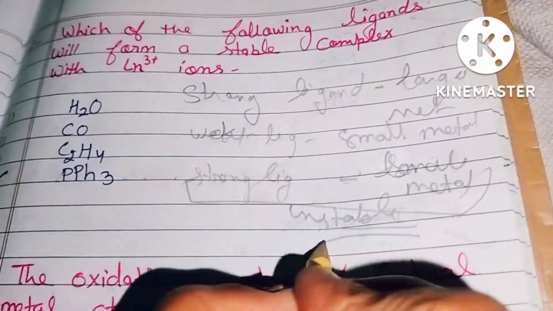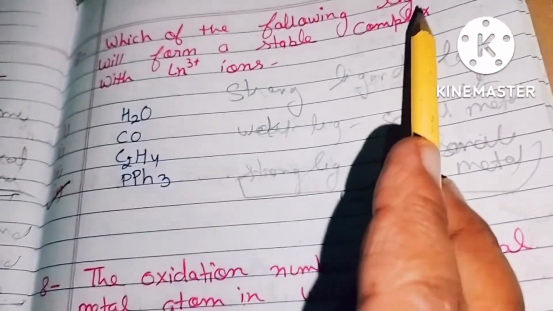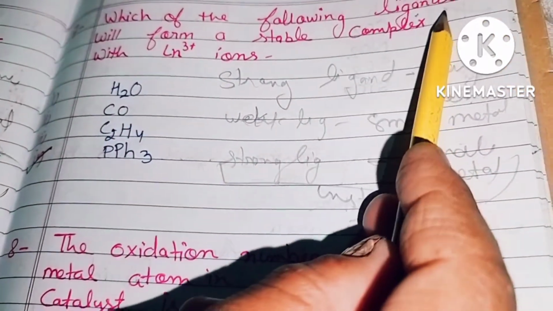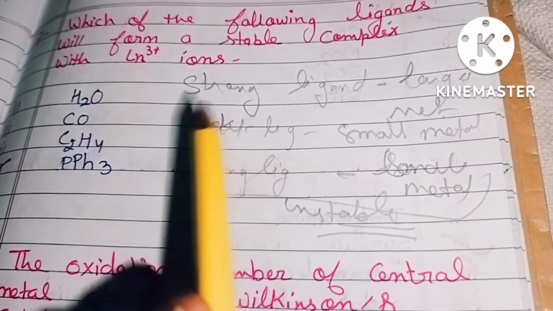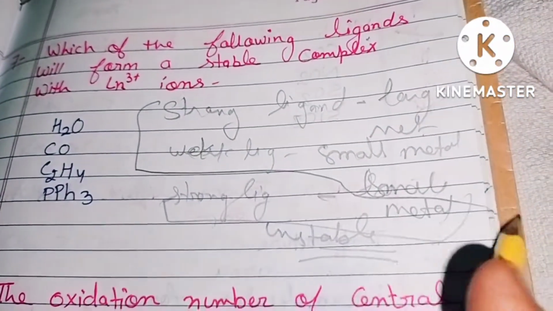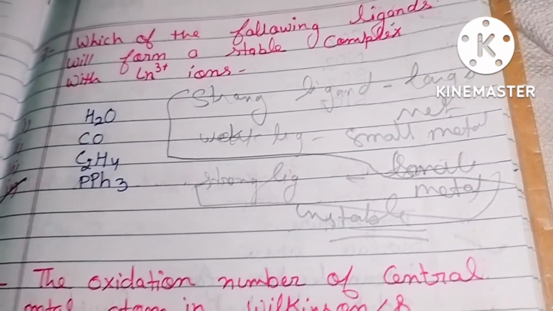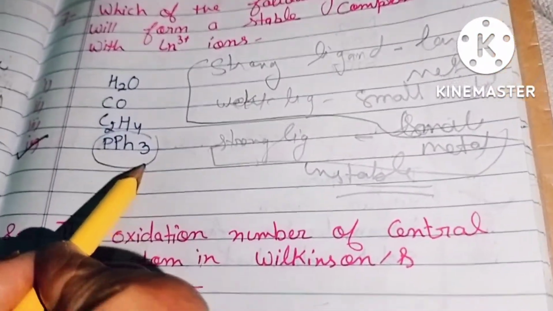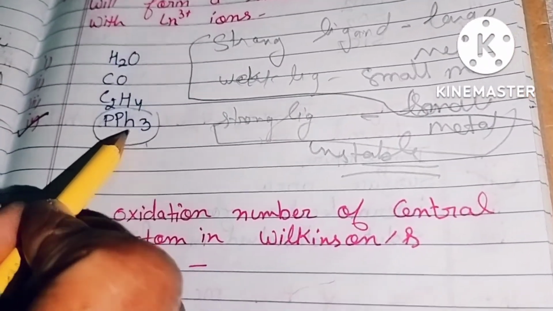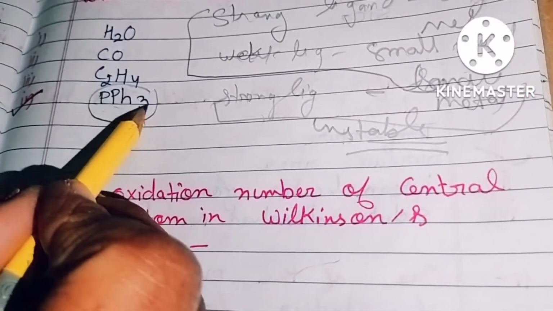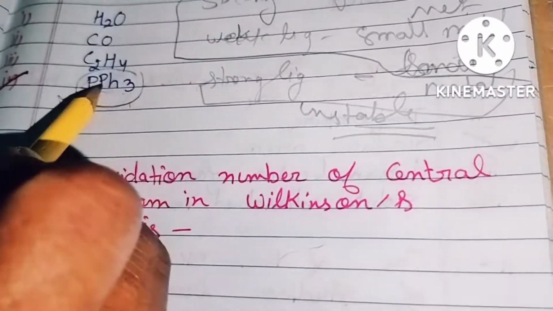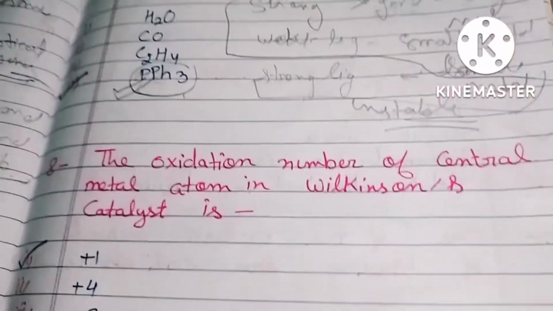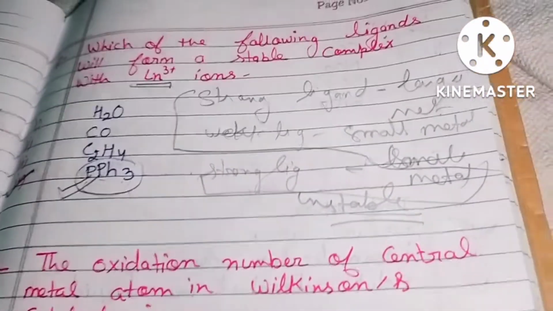So the necessary condition is that strong ligands are taken with large metals, and weak ligands with small metals; these form stable complex compounds. Here PPh3, phosphine, is a strong ligand, and lanthanide is a large metal. So both combine to form a stable compound.